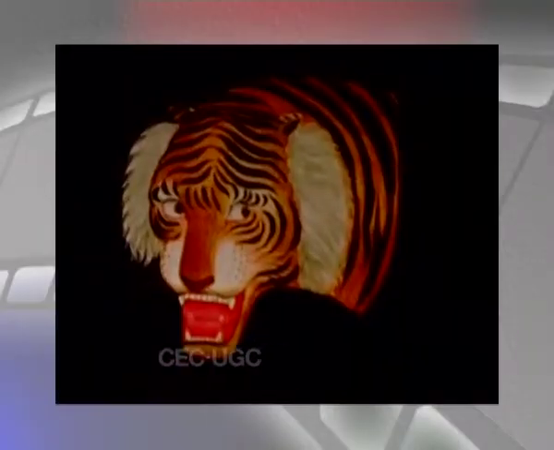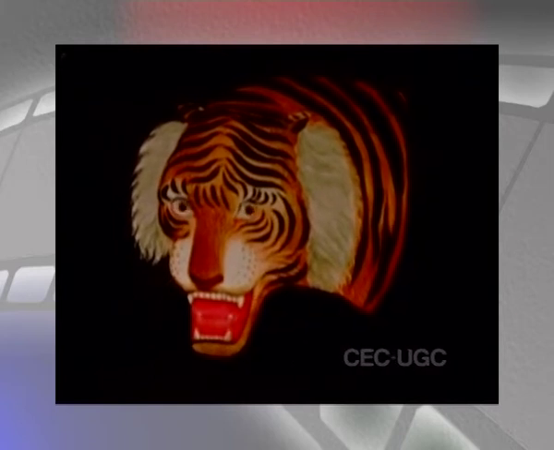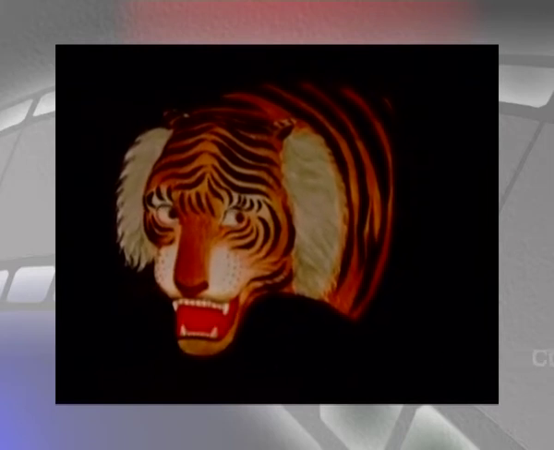Hand-drawn slides were manipulated in such a manner that they would create the effect of movement on screen.